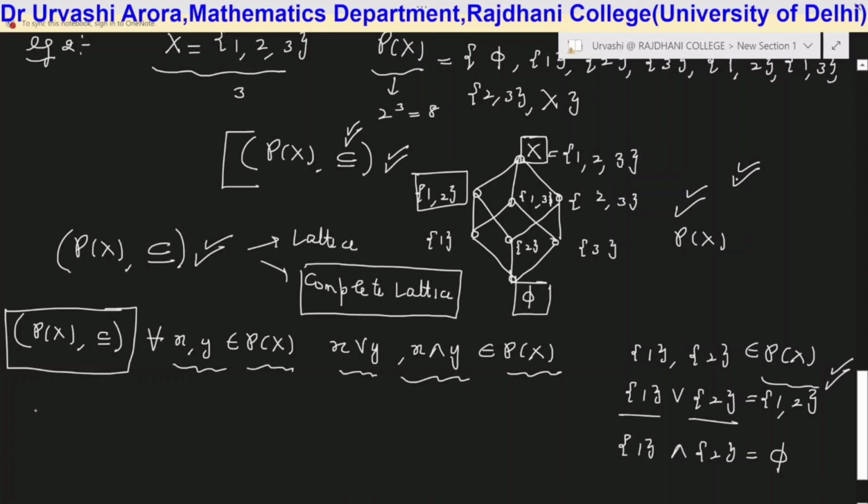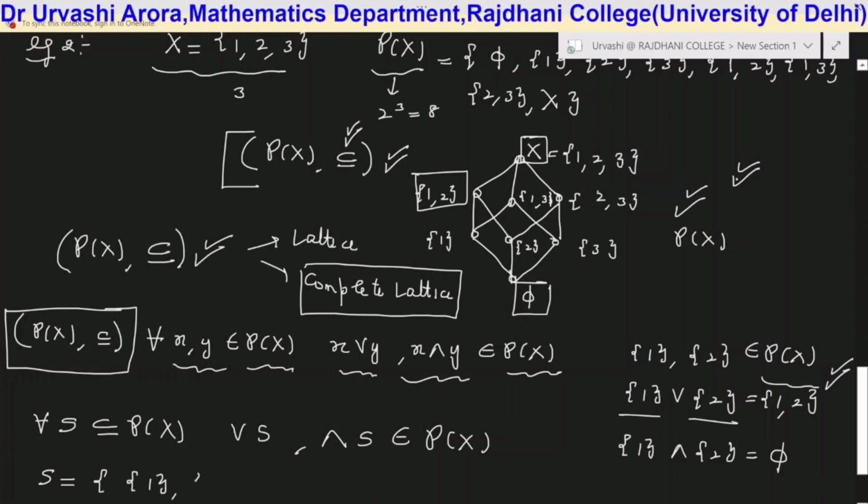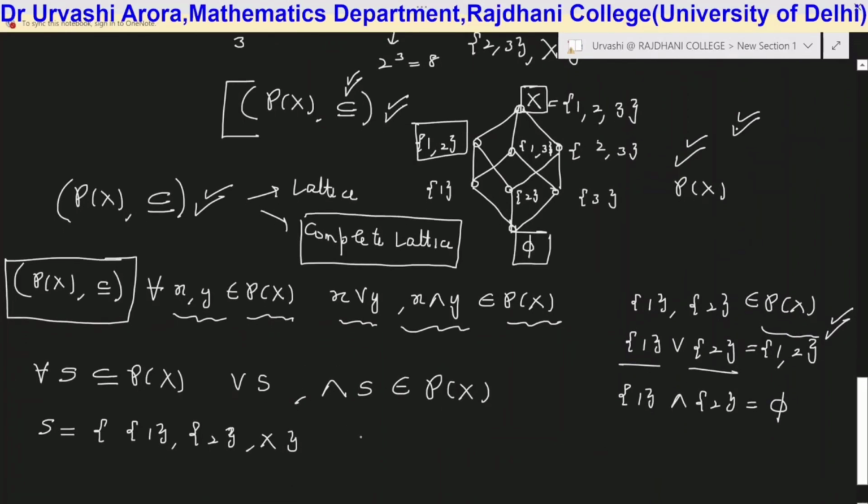Again we can verify that for any subset S of the power set that we may take, the join of S and the meet of S will always exist, and they will be elements of the power set of X. For example, if we take S to be the set consisting of three elements, {1}, {2} and X, which is the whole set, then the join of S, the element which is greater than or equal to all three of them, will be X itself, and the meet of S, the element which is less than or equal to all the elements, will be phi.